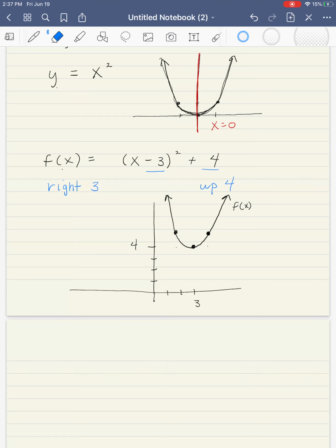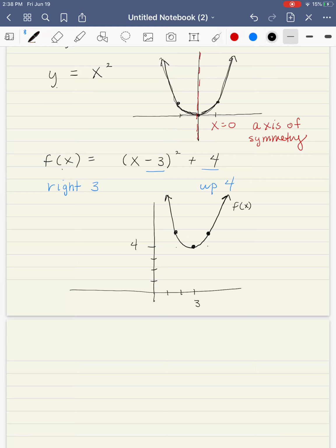And because the graph is symmetric around that line, I'm going to draw this line as a dashed line, because it's not actually part of my graph. And it's called an axis of symmetry, because that's the line that the parabola is symmetric around.